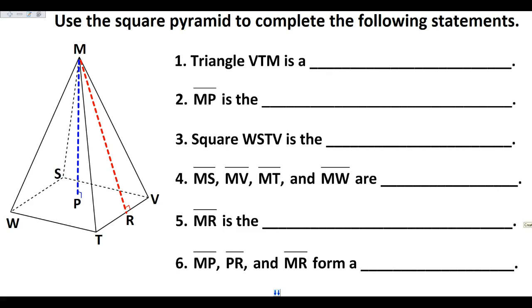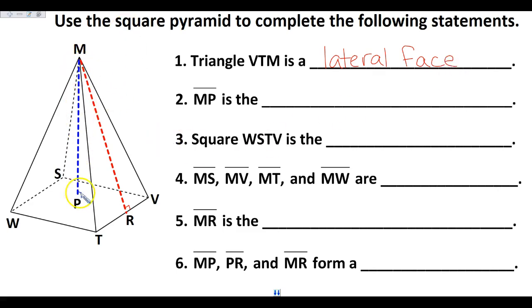Okay, so again, it's just based on the shape of that base is how you name your figure. So let's take a look here. I want to use this pyramid, and it tells me it's a square pyramid, to complete the following statement. So this is just to kind of get us used to what all the pieces and parts are. So if I look here, triangle VTM, this triangle right here on the side is a lateral face.